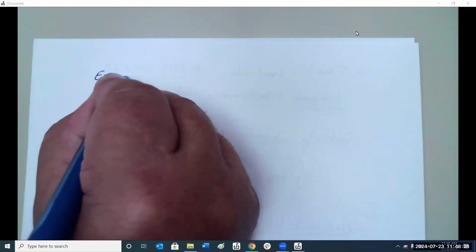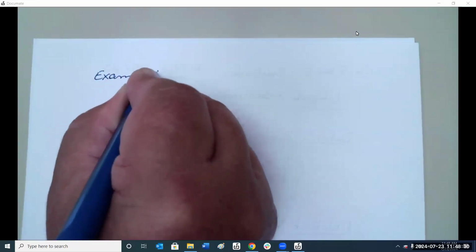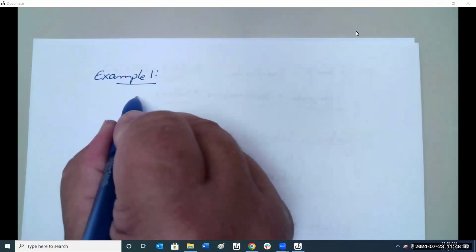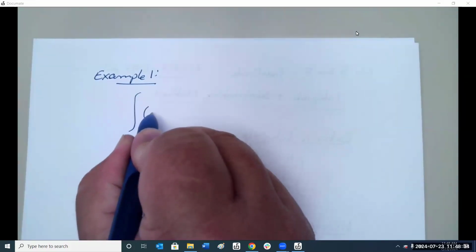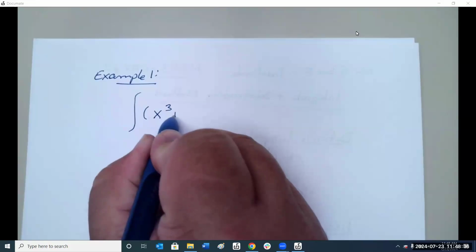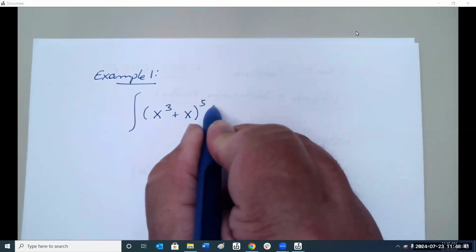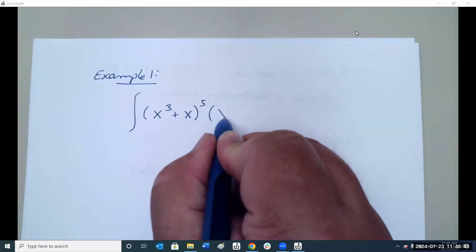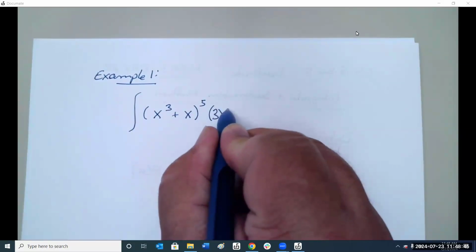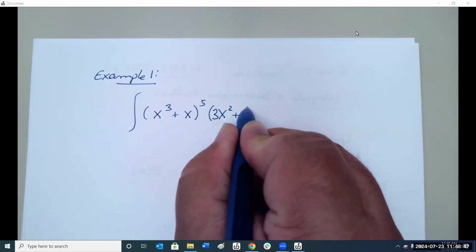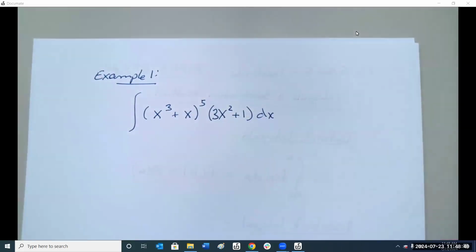Let's look at example 1. Find the integral of x cubed plus x to the 5th times 3x squared plus 1 dx.